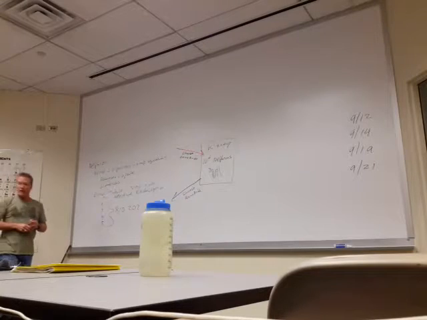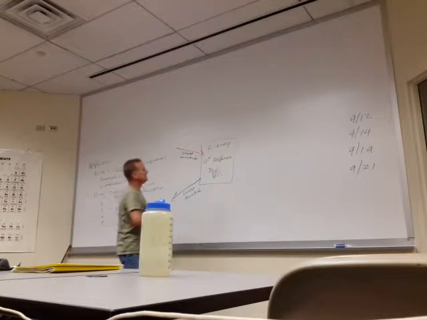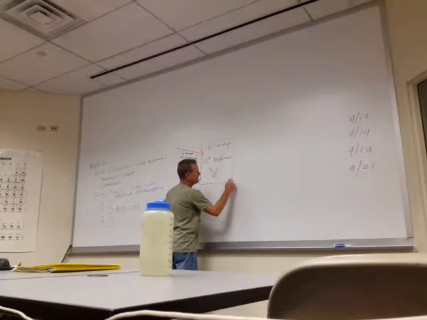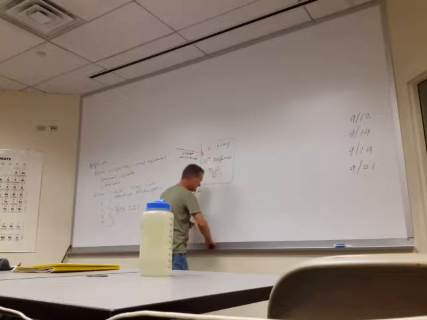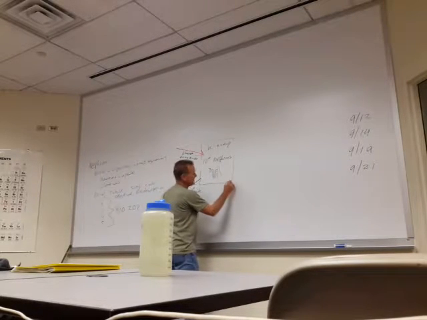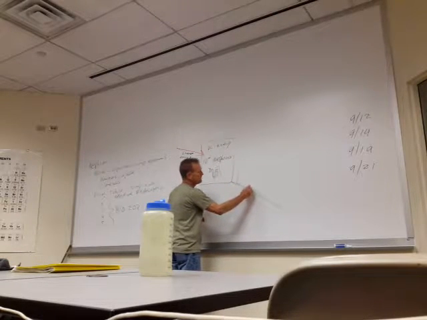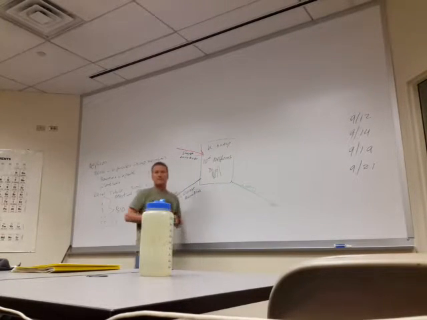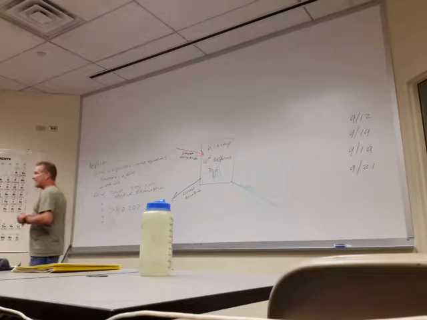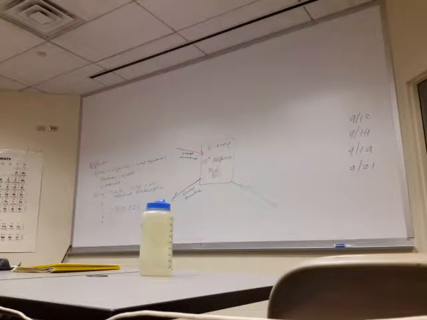Now, something that you want to get rid of leaves the kidneys through another tube called the ureter. You've heard of that. You know the ureters are made of transitional epithelial tissue.